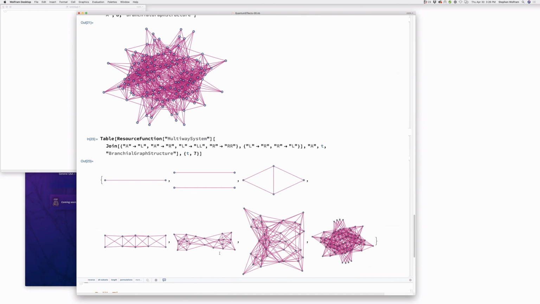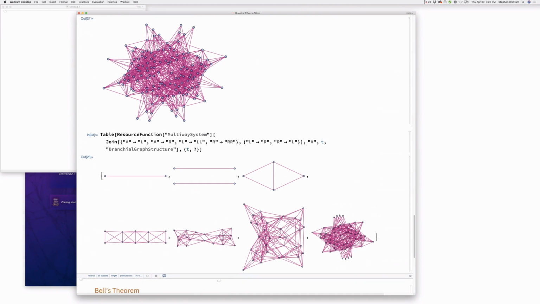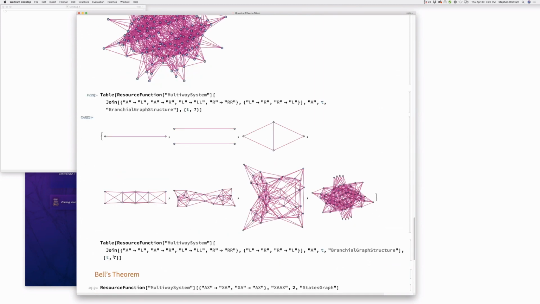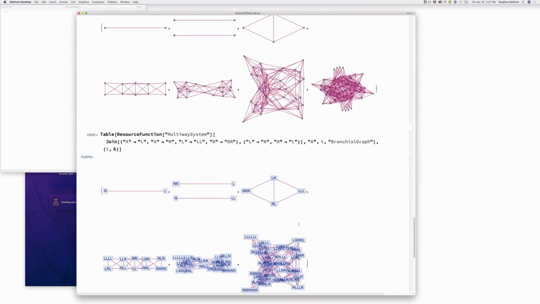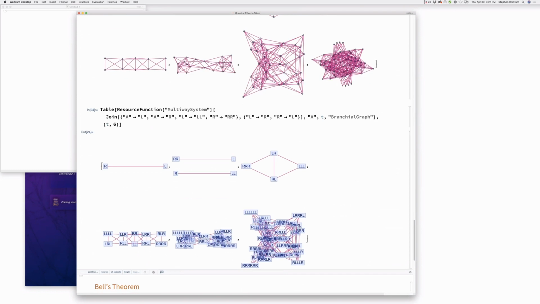Maybe we should at least label, let's put in the labels here, at least up to level 6, and let's just take a look at what they are. Okay. Ooh, interesting.